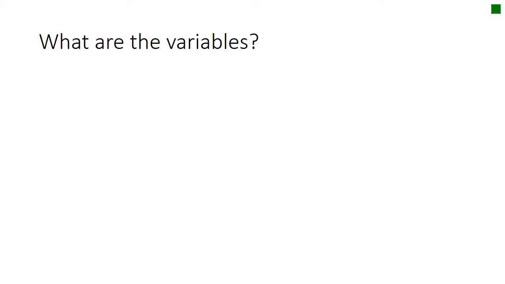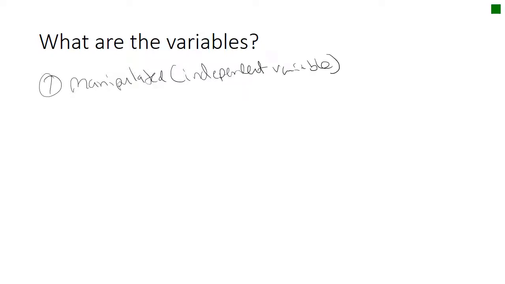So what are the variables? So let's talk about this. My first variable that I want to identify is the manipulated variable or the independent variable. Okay, sorry for my writing.